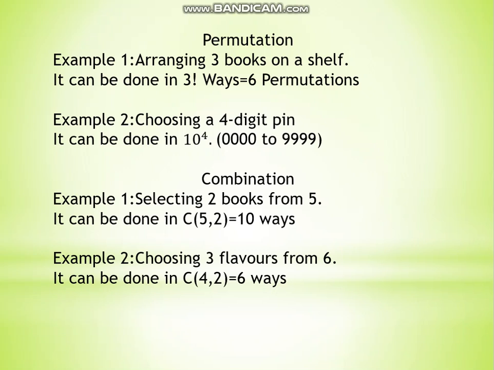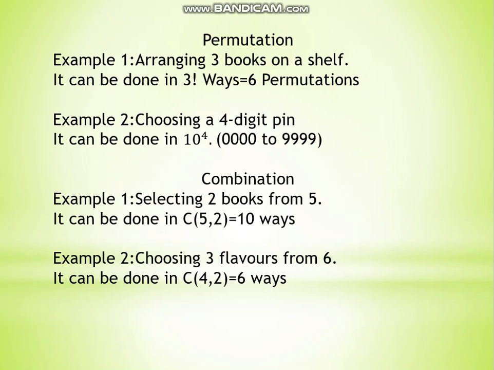Now the combination examples: selecting 2 books from 5. Selecting 2 books from 5 means any 2 books. Here we are not talking about the order in which the books are selected. Out of any 5, we are choosing any 2. So it can be done in 5C2 ways.